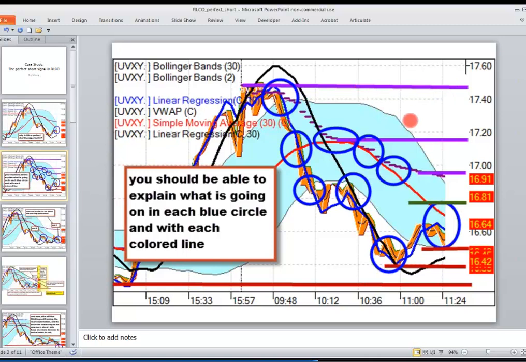I've drawn 1, 2, 3 purple lines, a green line, 3 red lines, and then a whole bunch of blue circles. And every one of those has a specific meaning for me. And so to trade this particular technique, I believe, you should be able to explain what's going on inside each blue circle and with each colored line.